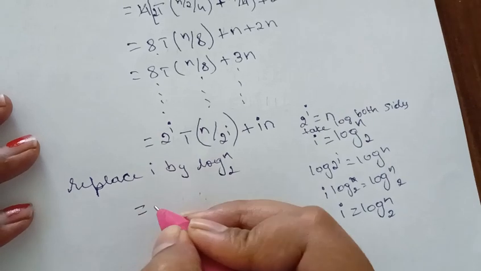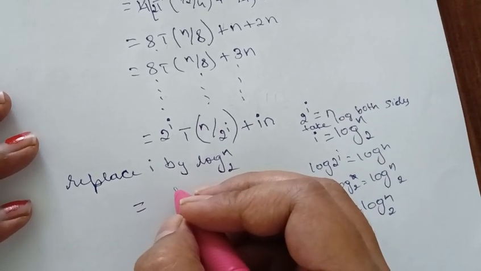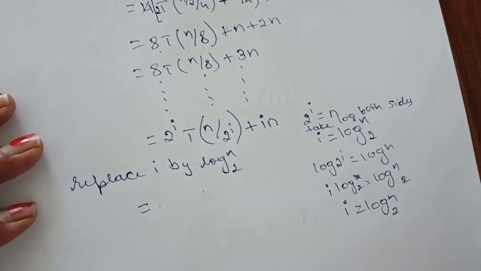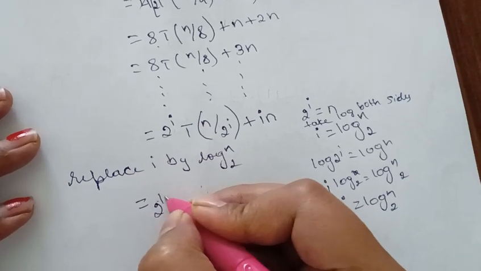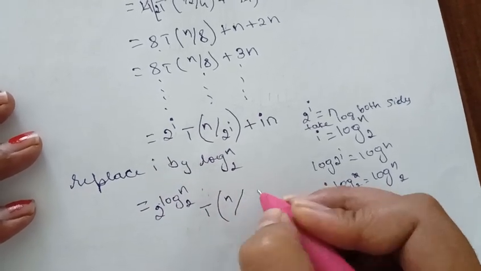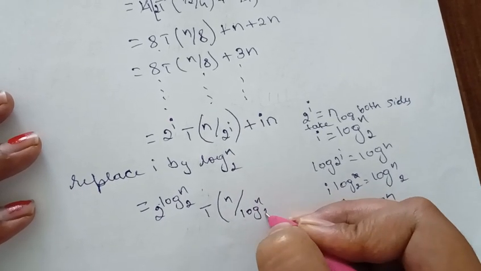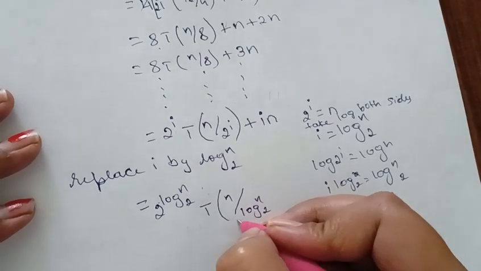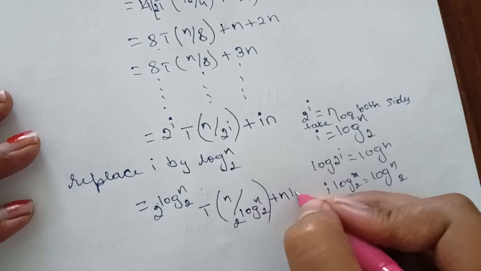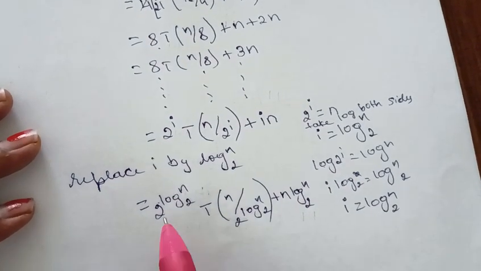So what I'll get? 2 power log n to base 2 t of n divided by 2 power log n to base 2 plus n into log n to base 2.